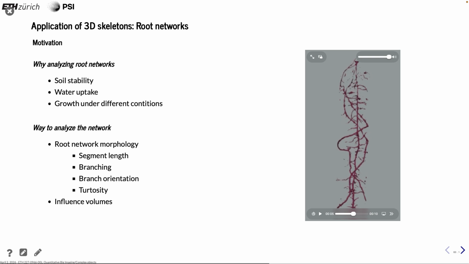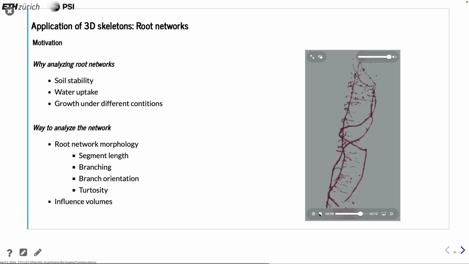Some root networks, they grow pretty laterally and do the branching in that way. Others go downwards. And of course also the tortuosity. Another thing would be to look at the influence volume. So that's in principle a convex hull of the whole root network or fragments of the root network. And this one would actually be a little movie.